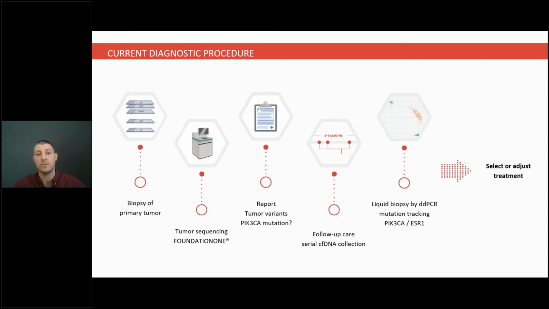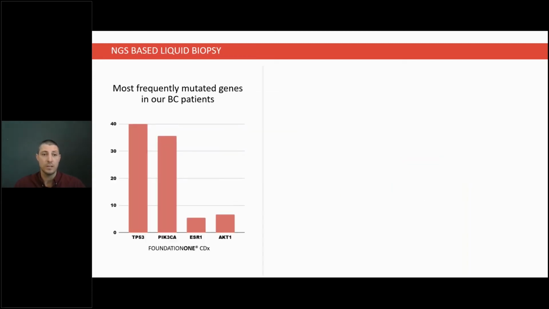So this is the current state. The thing is that, of course, at the moment we were only able to look at hotspot mutations in these 2 genes, and we miss quite a lot, and we want to extend our analysis to further genes.